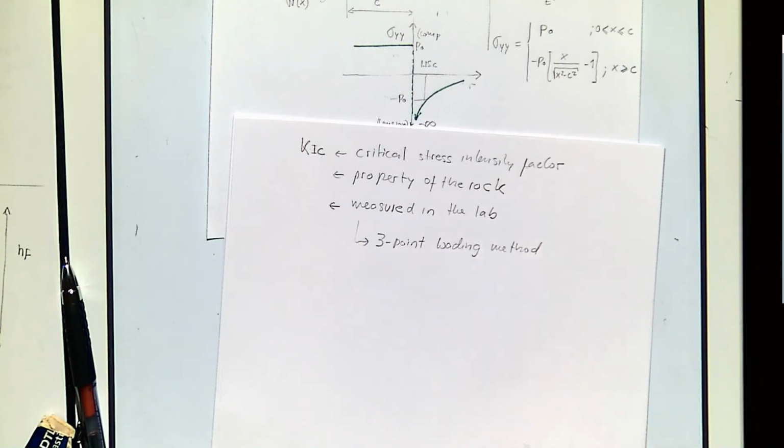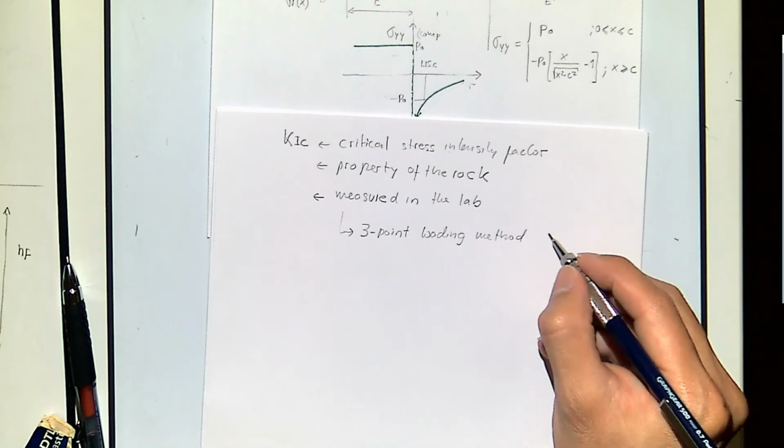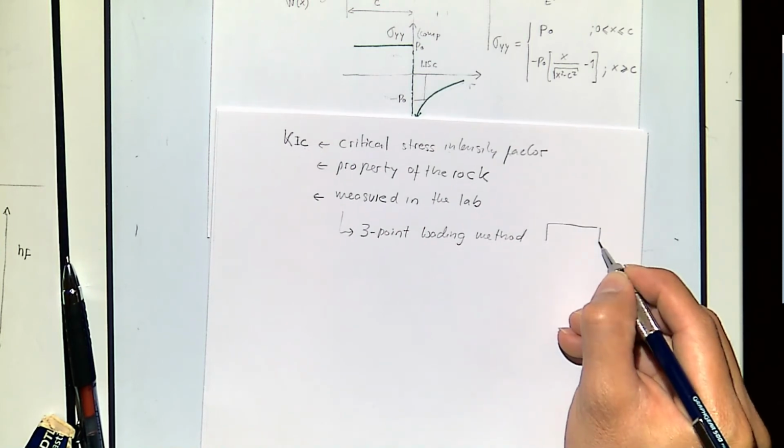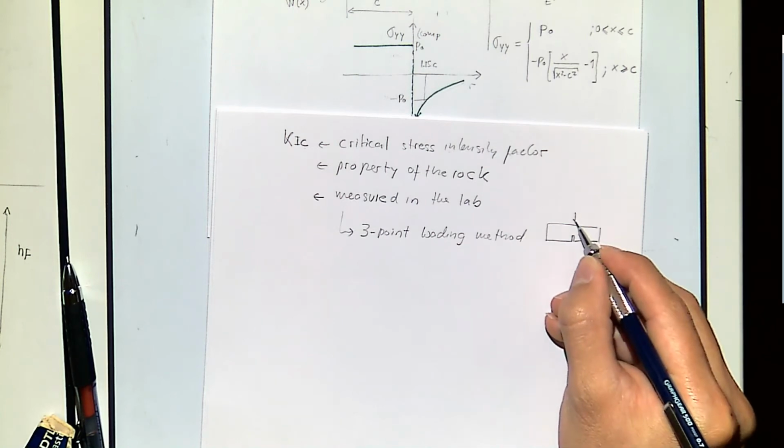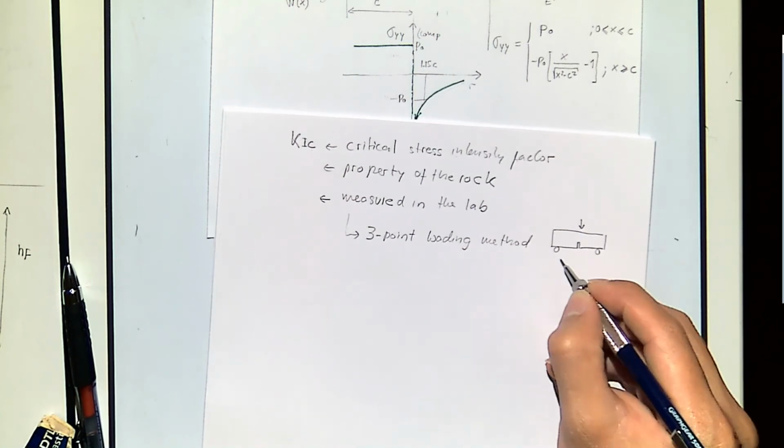Or also, well, let me explain what a 3-point is. Basically, you get a sample, you make a notch, and you load it like this.